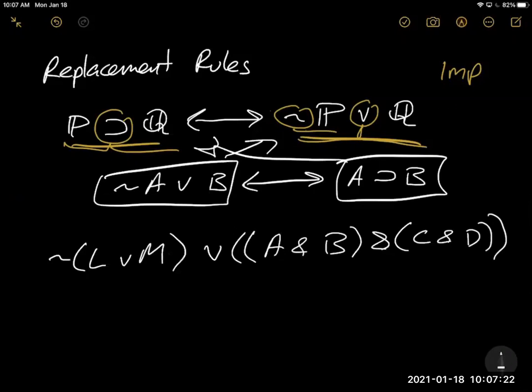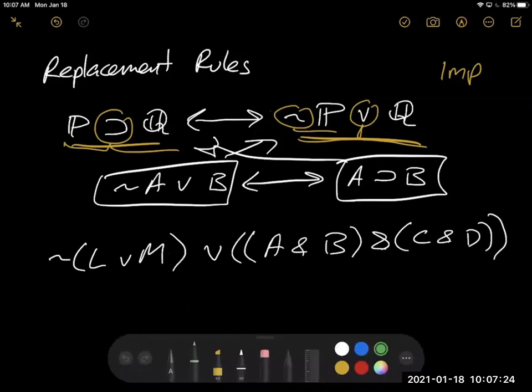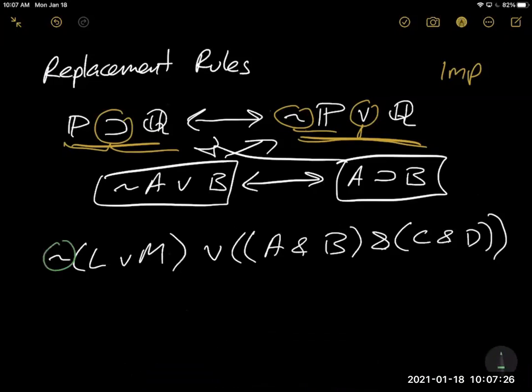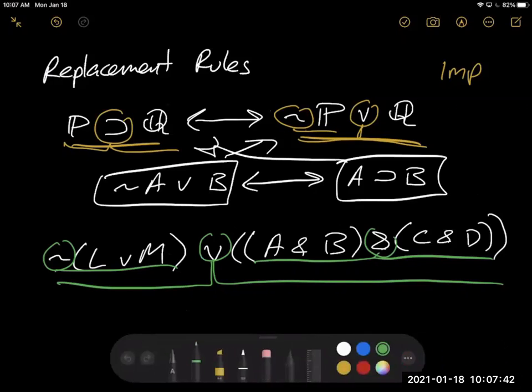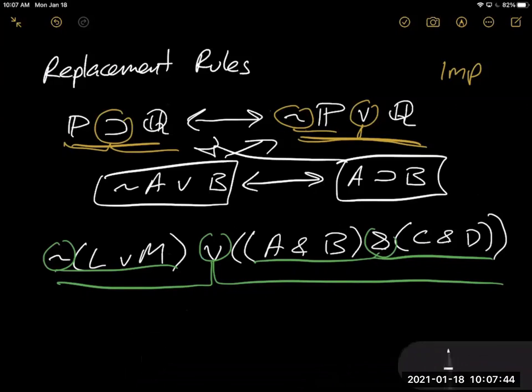Okay, so ultimately, just to make sure everyone's on board here, this is a negation here. Here is a gigantic conjunction, but the main operator is their wedge. Okay, so how would we apply implication to that?